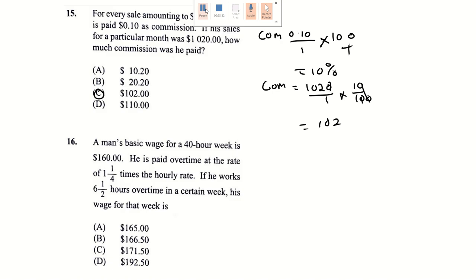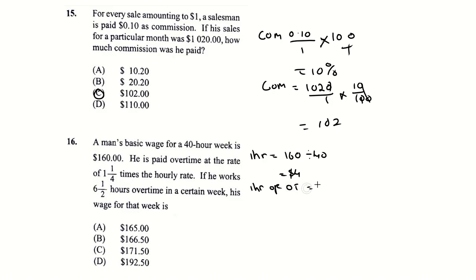So first off, let's find out how much he's paid for 1 hour. 1 hour is going to be 160, which is his total wage, divided by 40, which is $4 for 1 hour. Alright, so 1 hour of overtime is going to be 1 1/4 multiplied by 4, which is 5 over 4 multiplied by 4. So for 1 hour of overtime, he's earning $5.